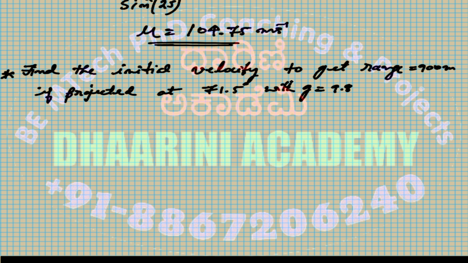So need to use the range equation now. R is equal to u square sine 2 theta whole divided by g, and this value is given as 900 meters.